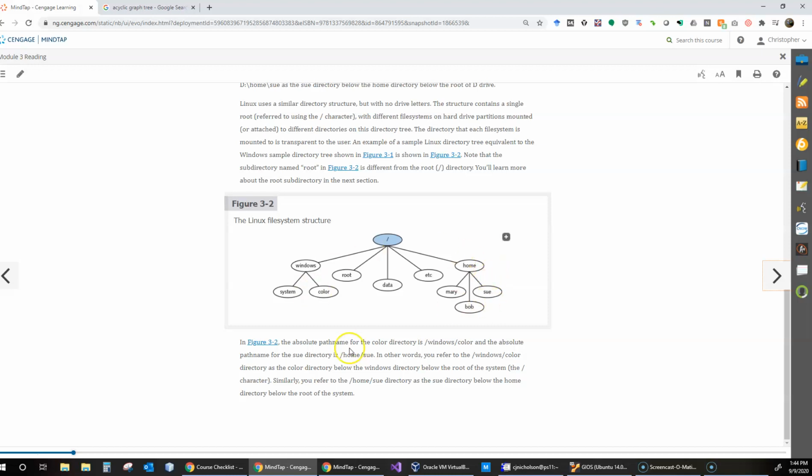I think that's enough about the directory structure. Just know that it's a tree. The whole recursive nature of a tree makes it easier to navigate and traverse through it. And know something about the partitions too.